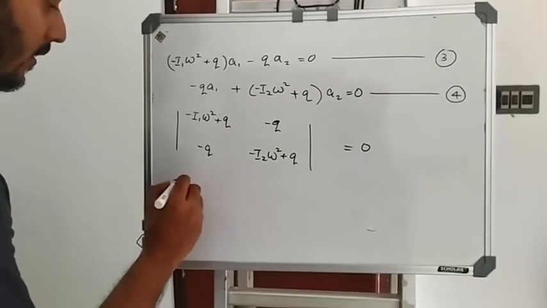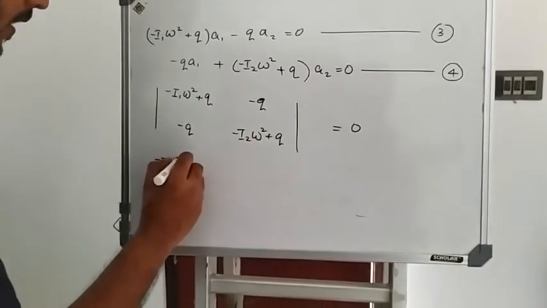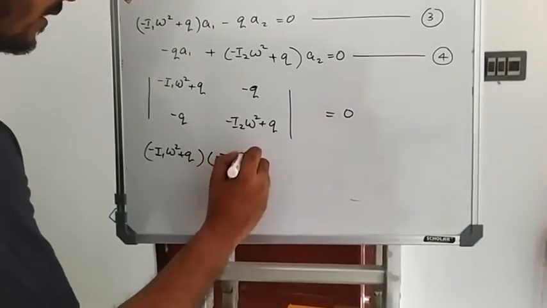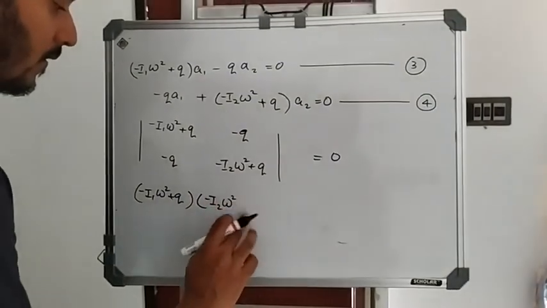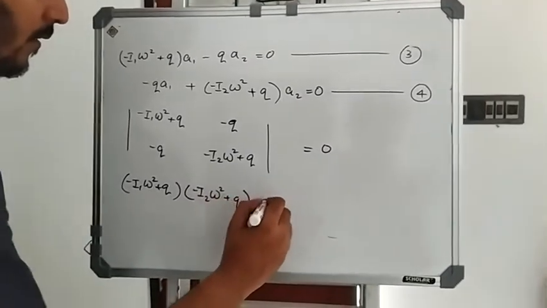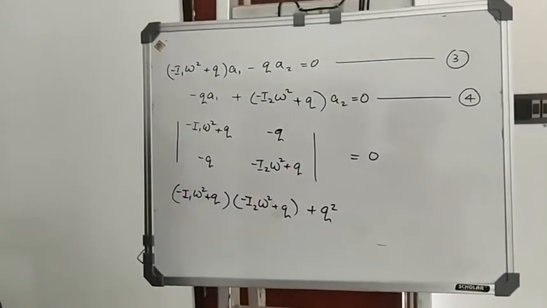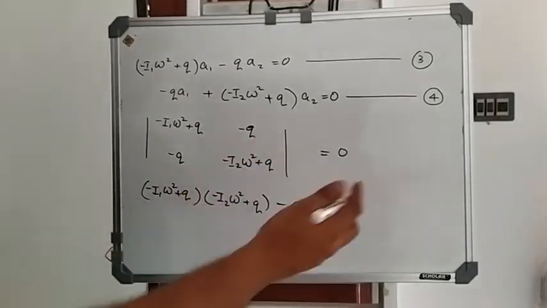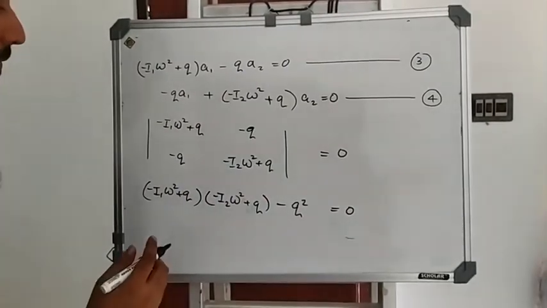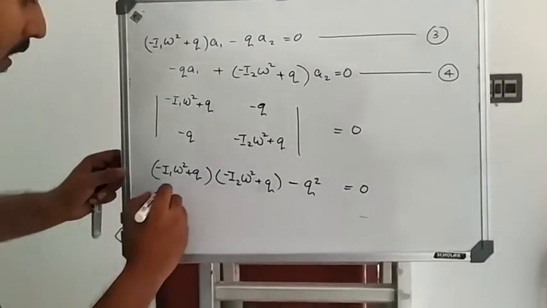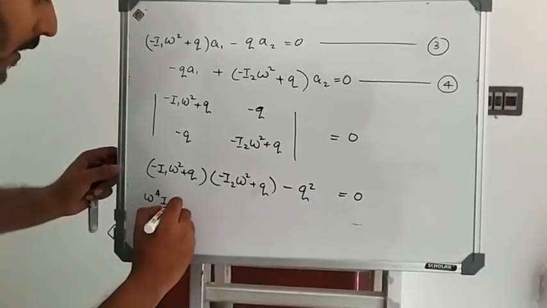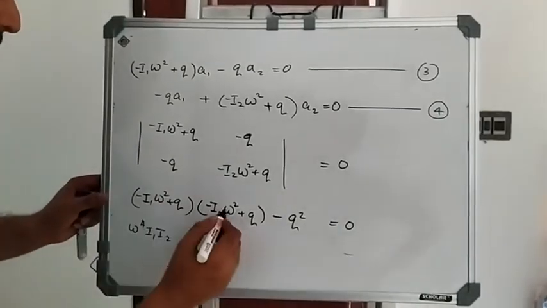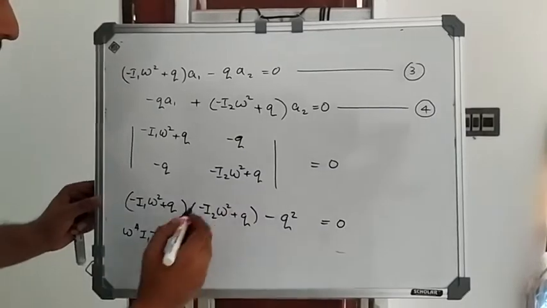Now, while finding the determinant, this will be minus I1 omega square plus q, multiplied by minus I2 omega square plus q, minus q square equal to 0. If we expand this one, this will be omega raised to 4 I1 I2, multiplied by this term, first term into this term, next same first term into this term.